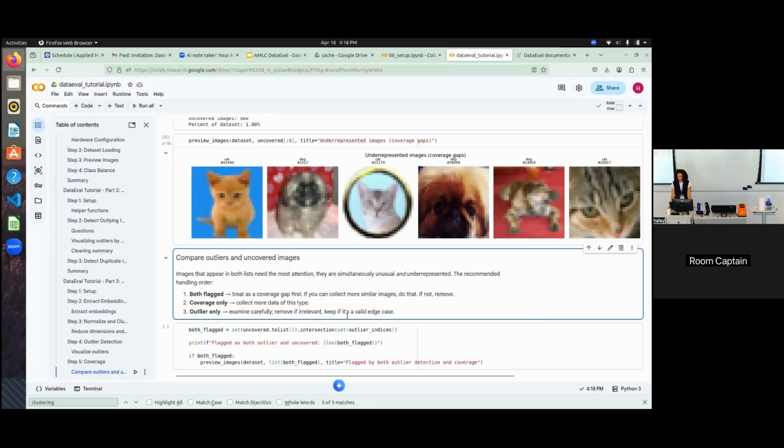The recommended handling order: if they're both flagged, you can initially treat it as a coverage gap, and if you can collect more similar images, do that. If not, you could potentially remove them. If it's coverage only, you could collect more data of this type. If it's outlier only, examine it, remove it if it's irrelevant, and keep it if it's an edge case.